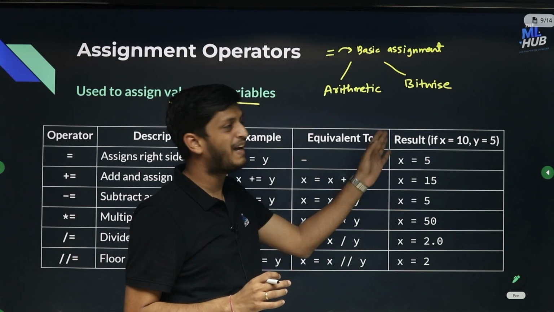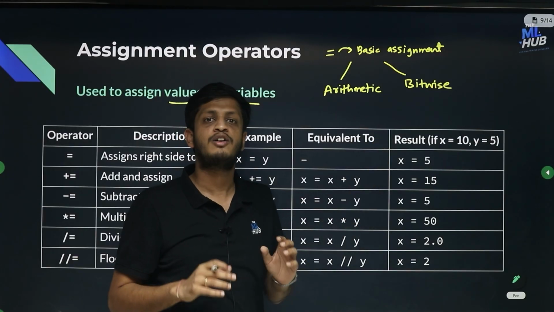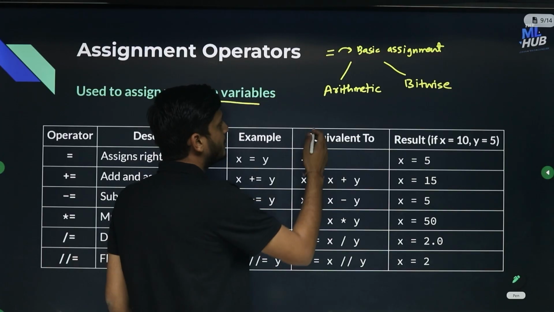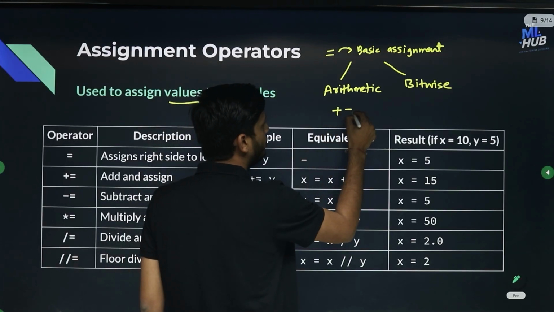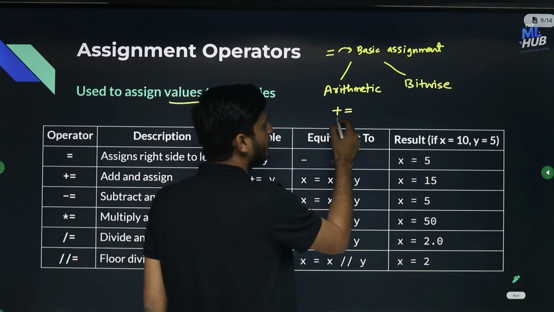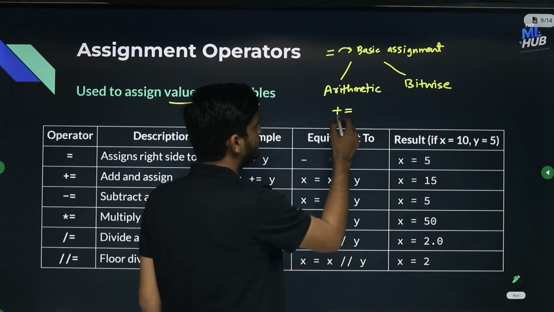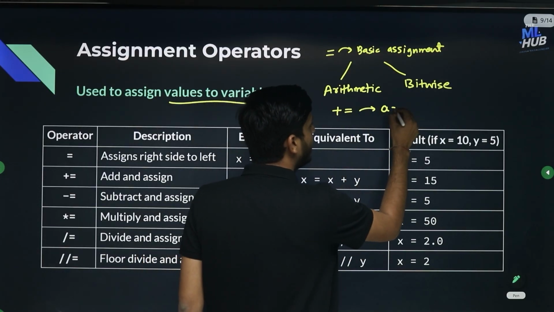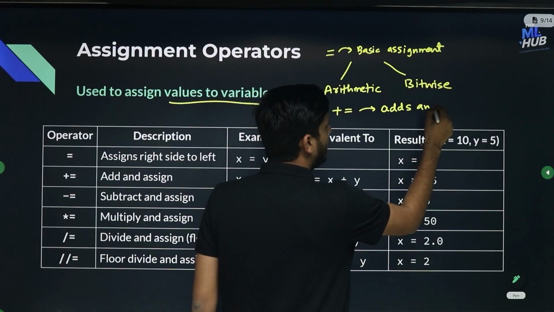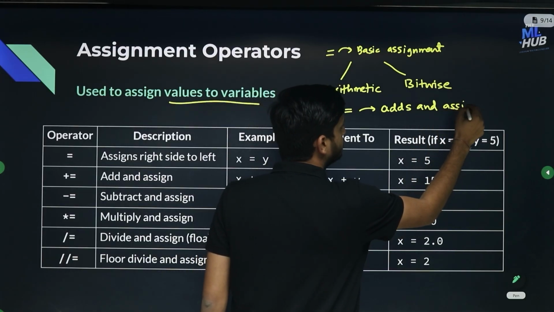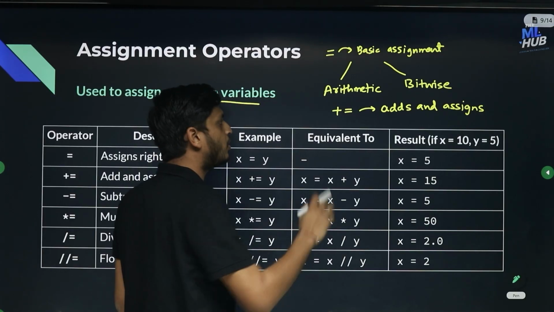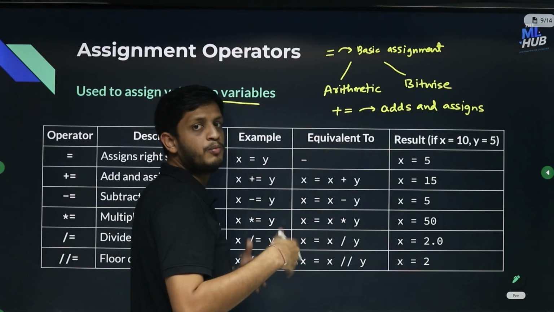And you can also combine it with bitwise operators and you will get more assignment operators. So what happens is, this is also an operator, plus equal to, because plus is an arithmetic operator and equal to is an assignment operator. So plus equal to becomes another assignment operator, and what it does, it adds and assigns. Similarly, you can do it for all the arithmetic operators that we have seen and all the bitwise operators also. So you will get more assignment operators.